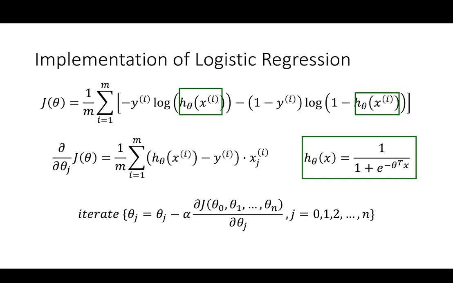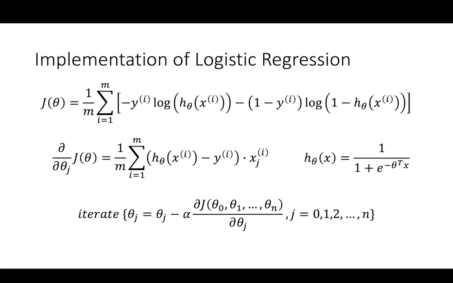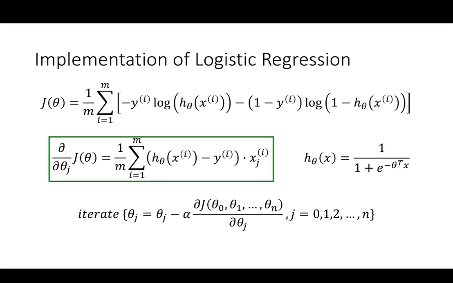And then we take the derivative, and it turns out that when we take the derivative of this logistic regression function, it has exactly the same expression as that of yung na-derive natin sa linear regression. 1 over m sum ng h theta xi minus yi times xj. This is exactly what you see dun sa linear regression na pinag-aralan natin before.